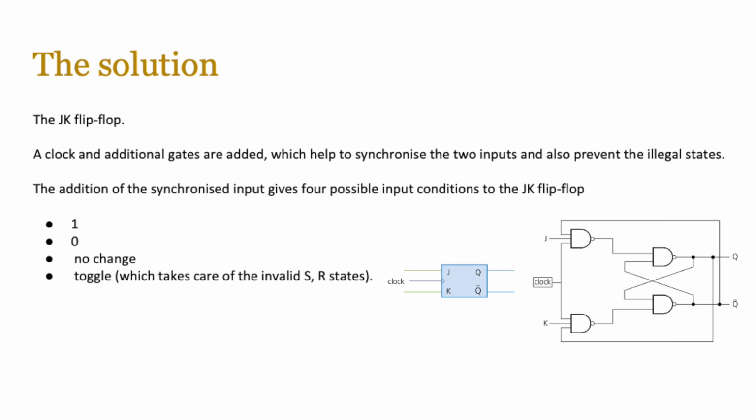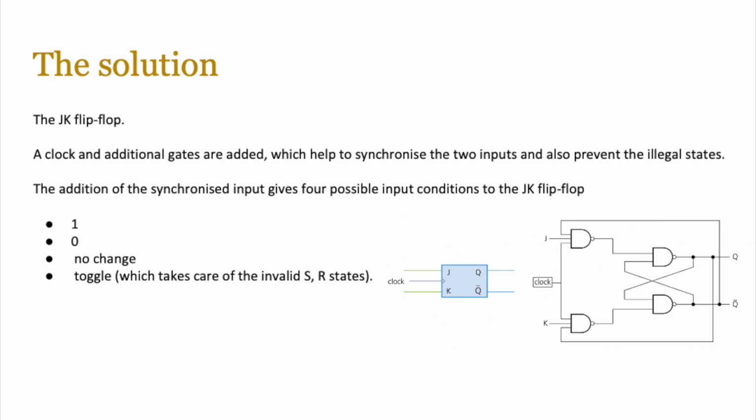The addition of the synchronized input gives 4 possible input conditions to the JK flip-flop, because you've got your S and R, and then you've got your clock, and then you've got a toggle which takes care of that invalid S or R state.